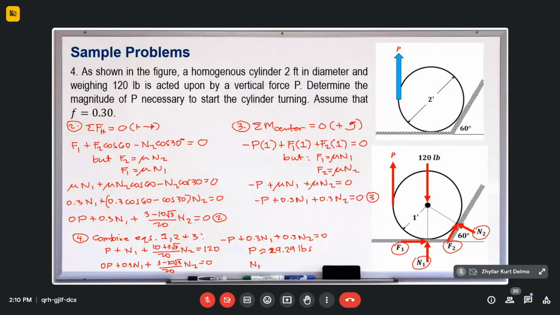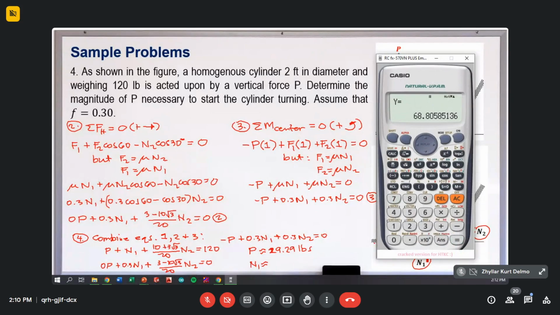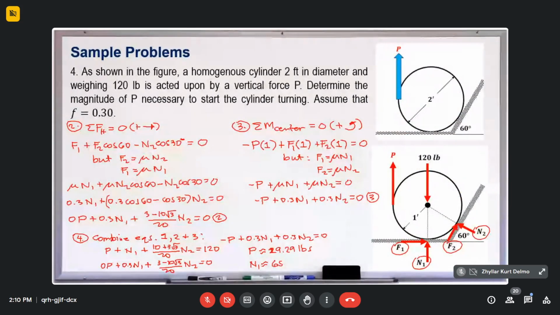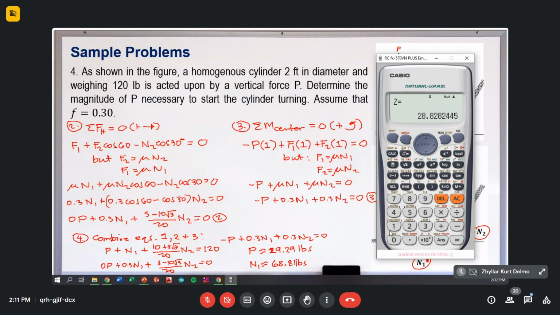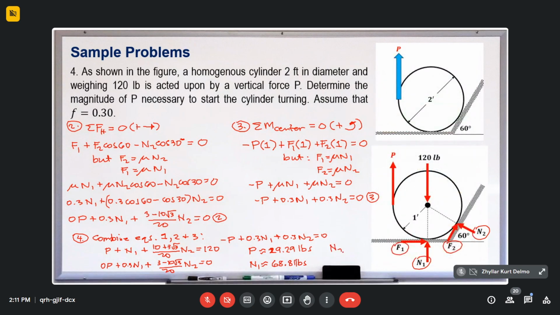Then N1 is 68.81 pounds. Then N2 is 28.83 pounds. So our answer here is the approximate value of our force P, which is almost 29.3 pounds.